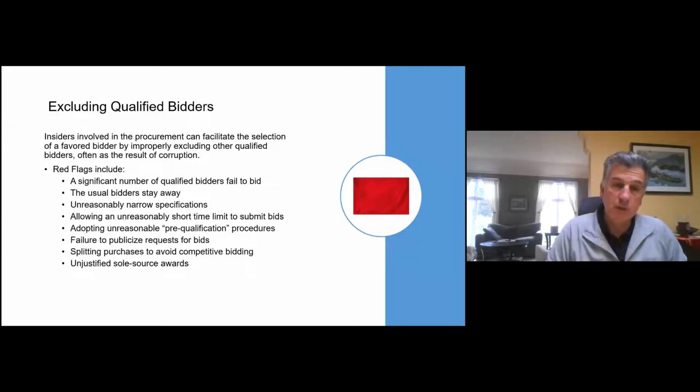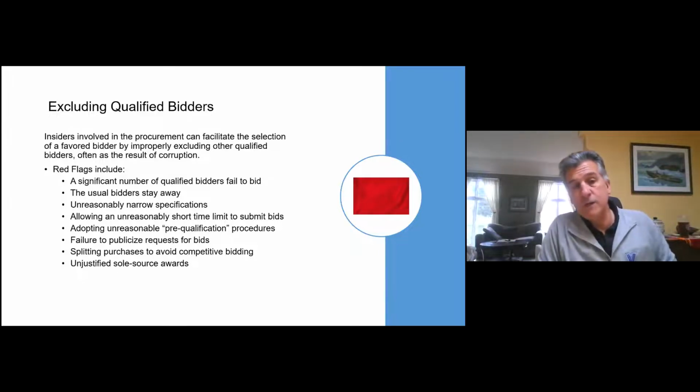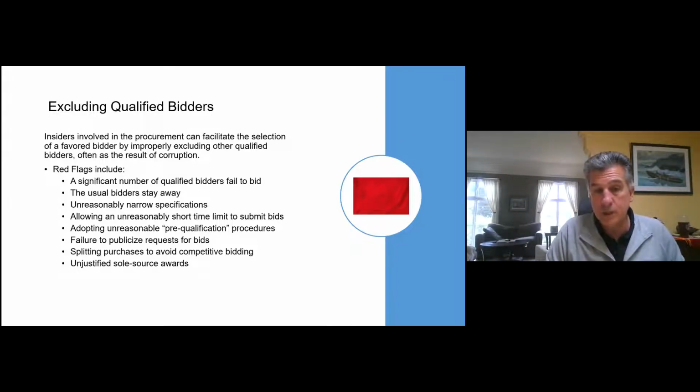Red flags for this might include a significant number of qualified bidders fail to bid; the usual bidders stay away. Unreasonably narrow specifications for the contract and for the bids. Allowing an unreasonably short amount of time in which to submit bids.